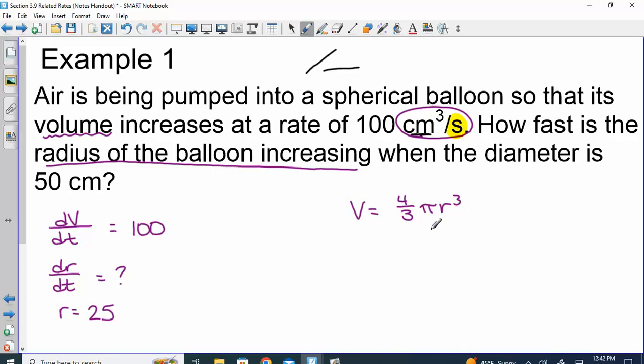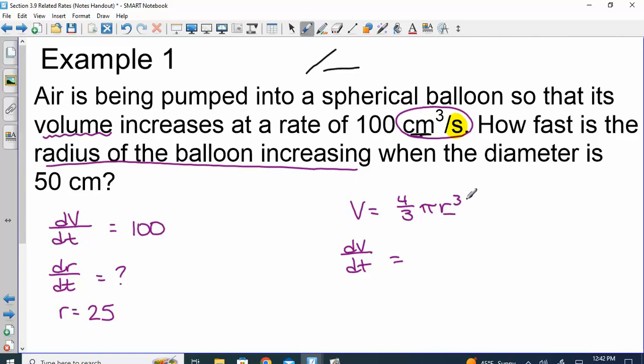So what we're going to do is find our derivative, but everything is with respect to time. So the derivative of V will become dV/dt equals the 4/3 pi, that's just a coefficient.